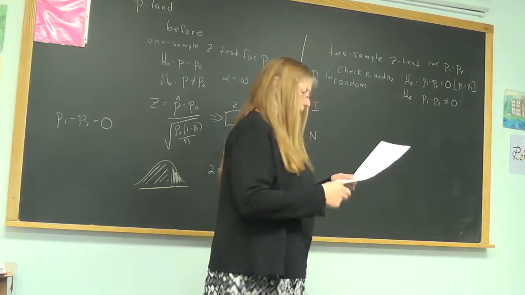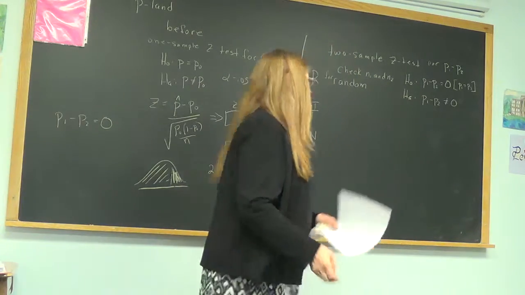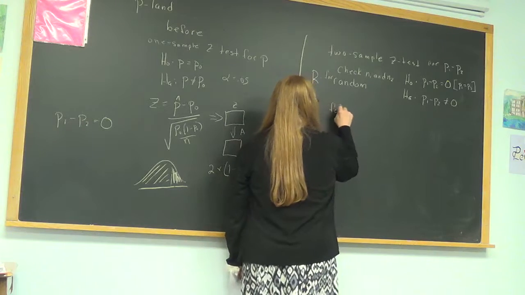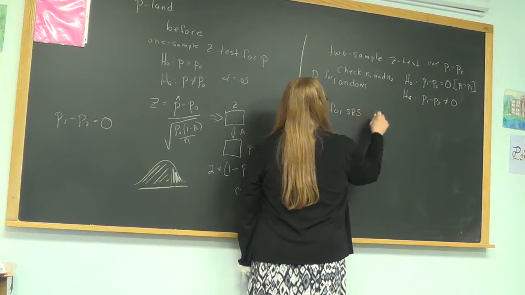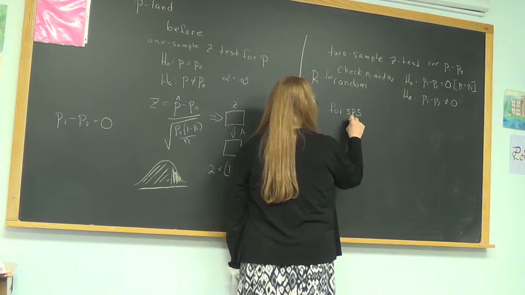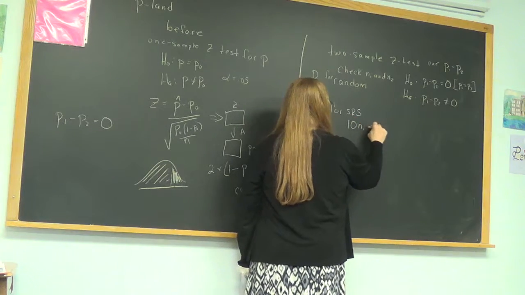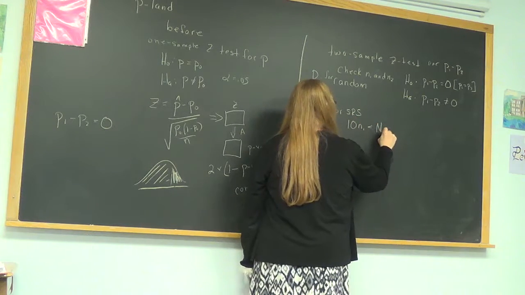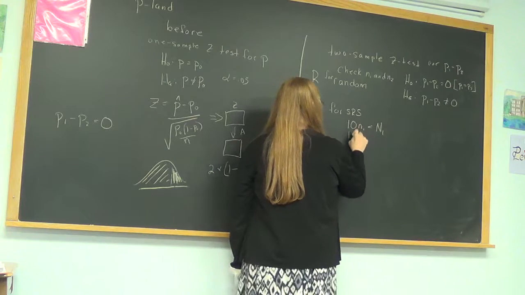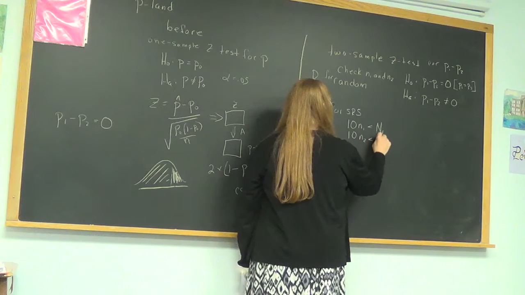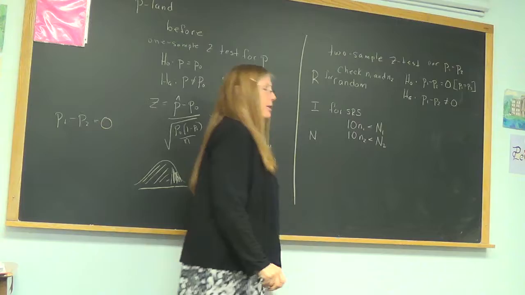Independent, it's very similar to yesterday. If it's an SRS, then you do the 10% rule: 10 times N1 is less than the population for N1, and 10 times N2 is less than the population for N2.